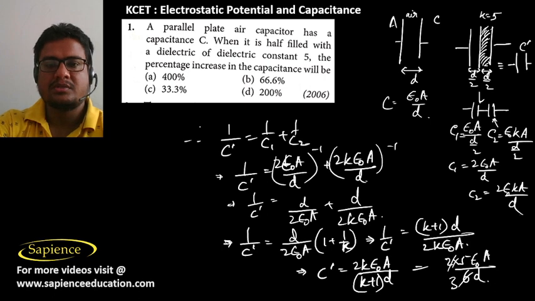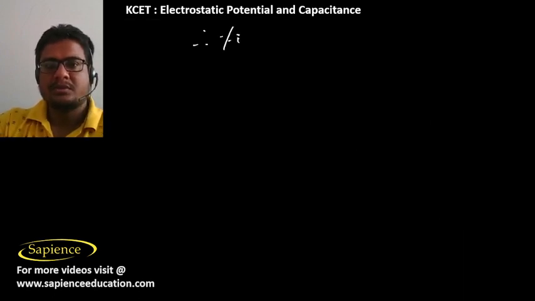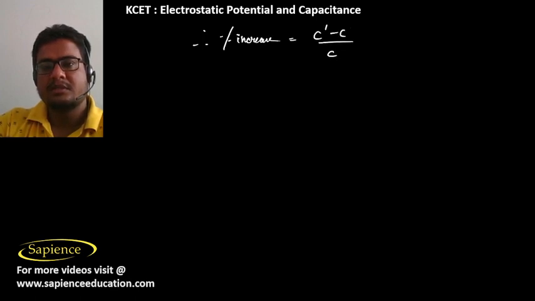Therefore, the percentage increase in the capacitance is C dash minus C by C into 100 percent.